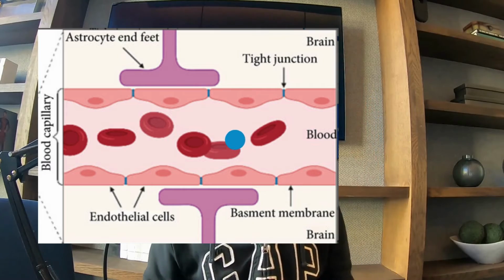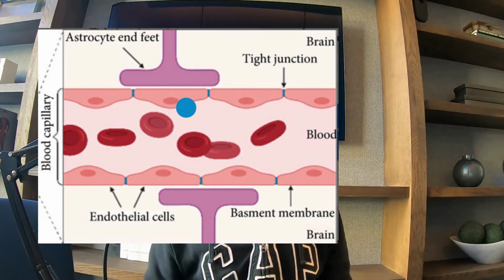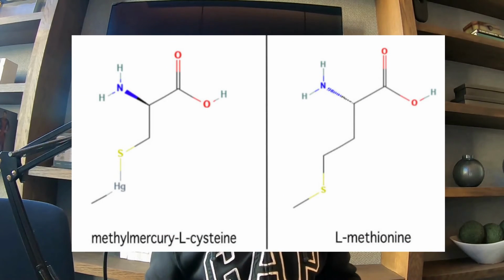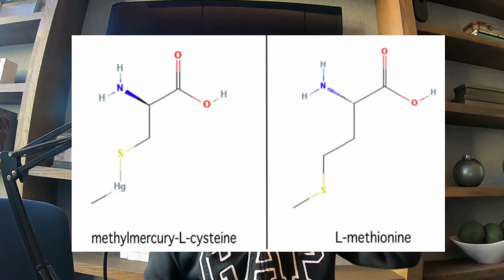Now, where that can become a big problem is in our old noggin, the brain, the blood-brain barrier, which we talked about before in previous episodes. When that molecule of the mercury and the cysteine get to the endothelial cells of the blood-brain barrier, well, the brain thinks, or I should say the body thinks, this is an amino acid, like methionine. Come on in. Well, it's not methionine, it's mercury, so no bueno.